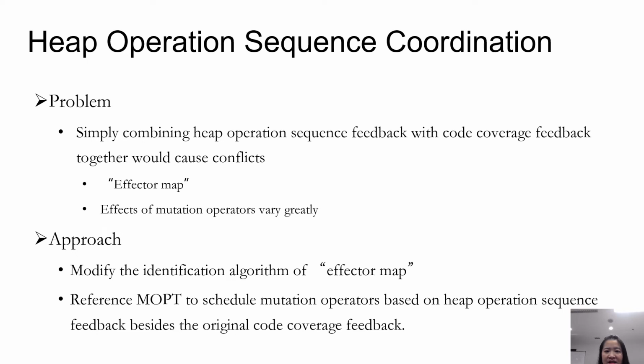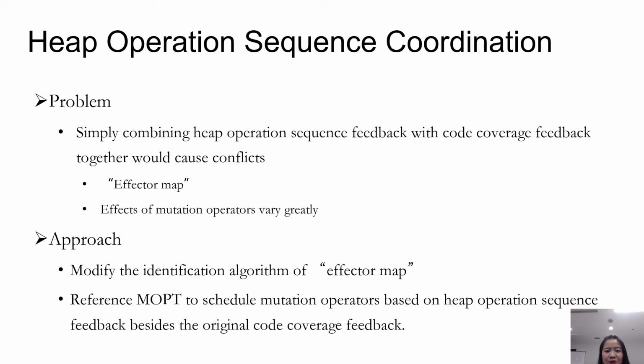Simply combining heap operation sequence feedback with code coverage feedback will cause conflicts. AFL uses an effector map to identify interesting bytes that contribute to code coverage and skip mutating other bytes, which may harm the seeds that only result in new heap operation sequences.